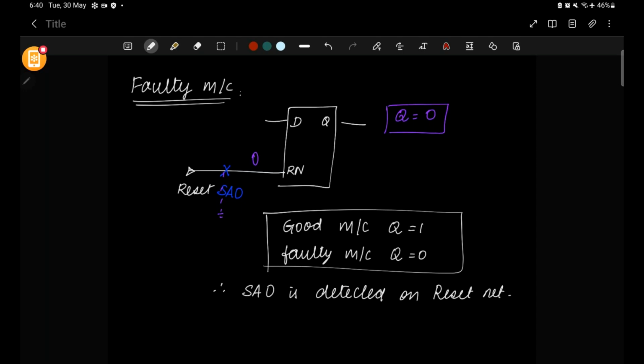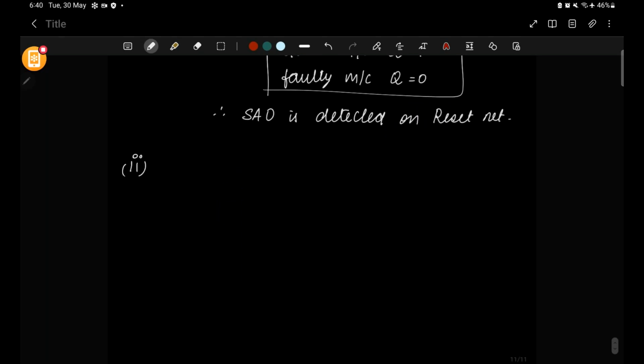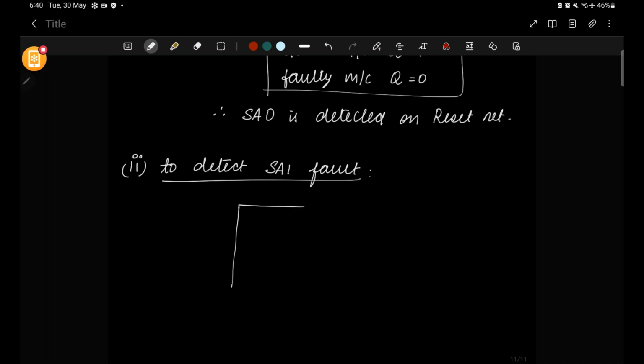Next, to detect a stuck at 1 fault: this is D, this is Q, this is the reset, active low reset.